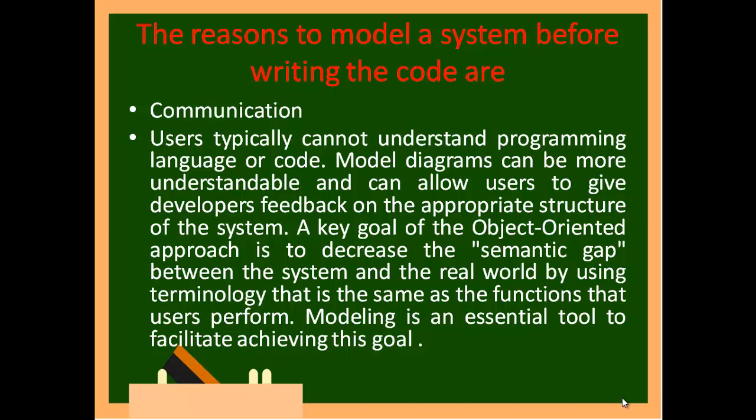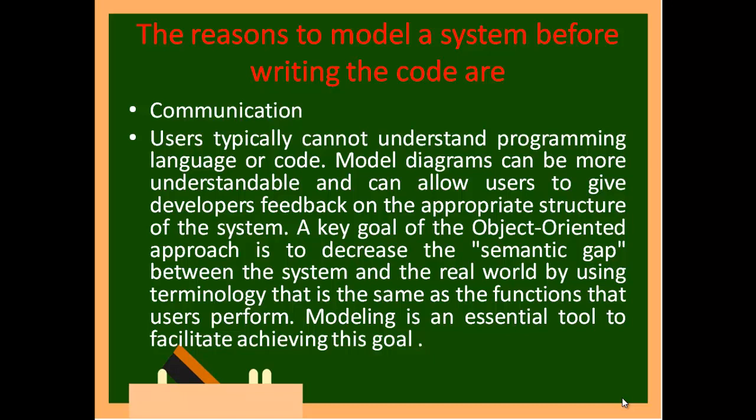Before writing a program, the user typically cannot understand the programming. The user, they say, is the higher people, the director, board of members and all. So a model diagram can be more understandable and can allow the user to give feedback on the approach and structure of the system. When you explain in terms of a model, they will try to understand and give feedback.